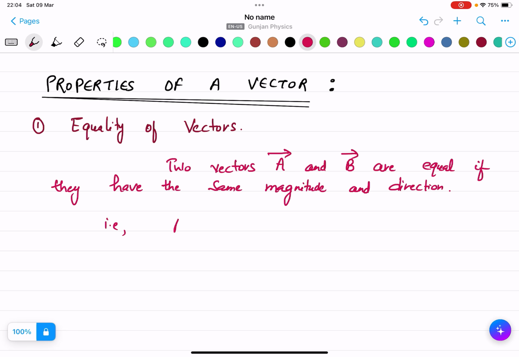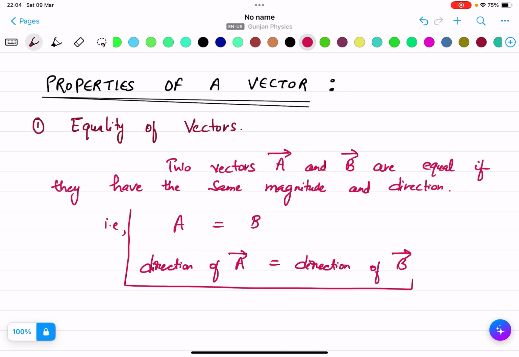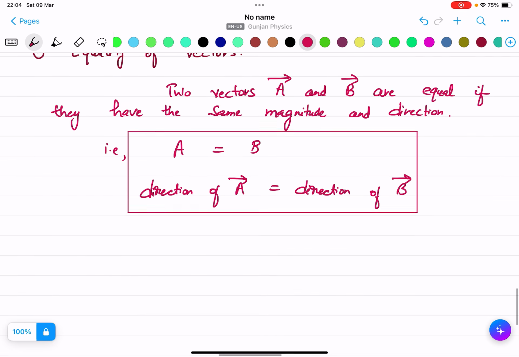I can write A equals B, that means the magnitude is the same and the direction of vector A equals the direction of vector B. If these properties are there, that means the vectors are equal.